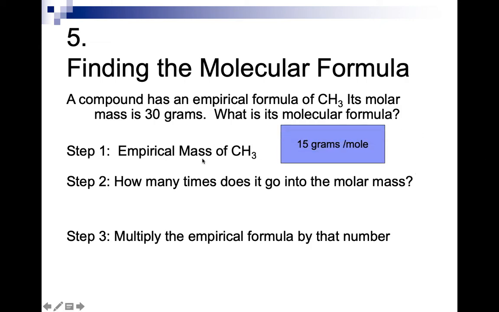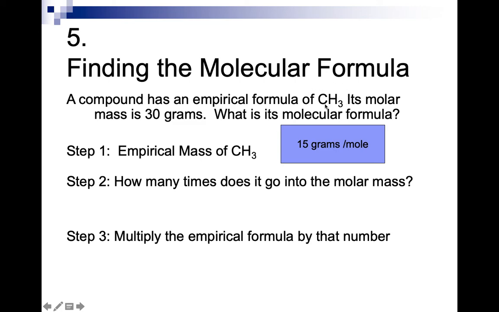So what is the empirical mass of CH3? So I have to look in the periodic table, and the mass for carbon is 12, and the mass for hydrogen is 1. But there's 3 hydrogens. So the mass of carbon, 12 plus 3, gives me 15 grams per mole. So that's the empirical mass, right?